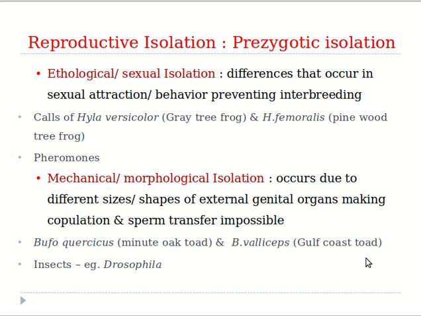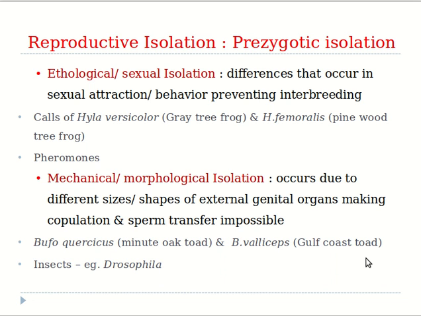He compared the female genital organs to a lock and the male organs to the key. So in the case of Drosophila, interspecific crosses, that is crosses between members of different species, resulted in injury or even death of the participants because of the incompatibility of sex organs. So this one is from the insect world.